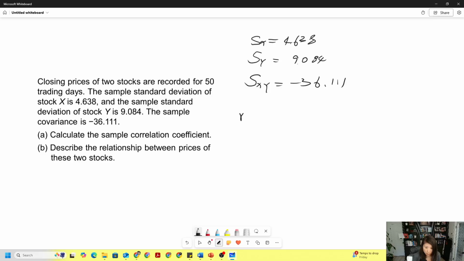And we learned the correlation coefficient is equal to Sxy divided by Sx times Sy, right? So we just literally apply this formula. My numerator will be negative 36.111, divided by 4.638 times 9.084.